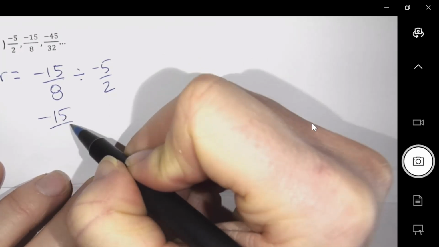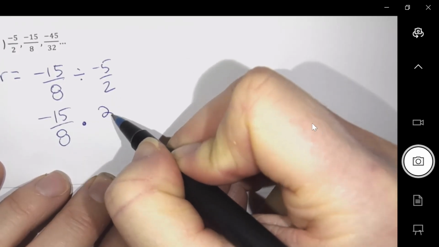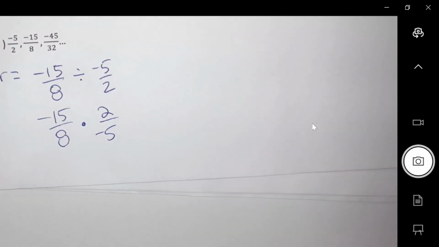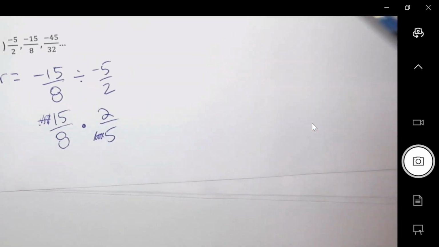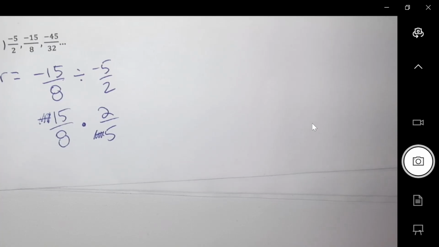I'm going to be multiplying and flipping, and then I'm going to do some canceling. I'm going to scratch the 2 negatives off, if that's okay with you. 2 negatives cancel to positive.